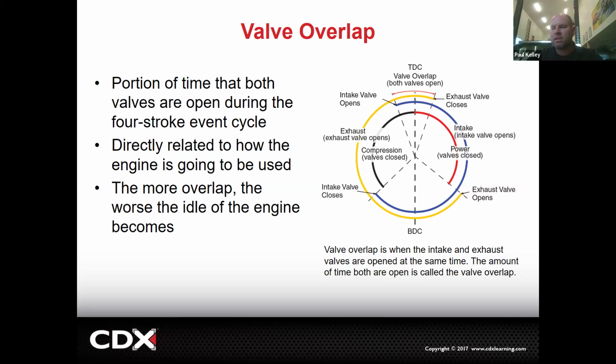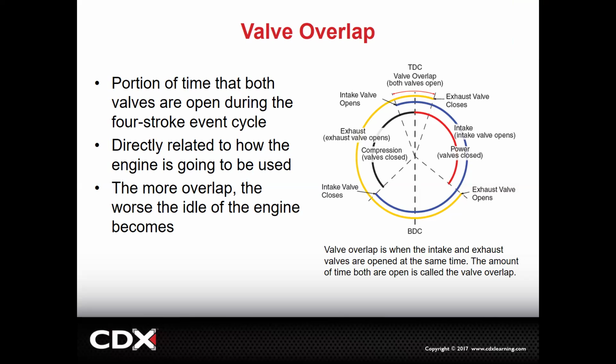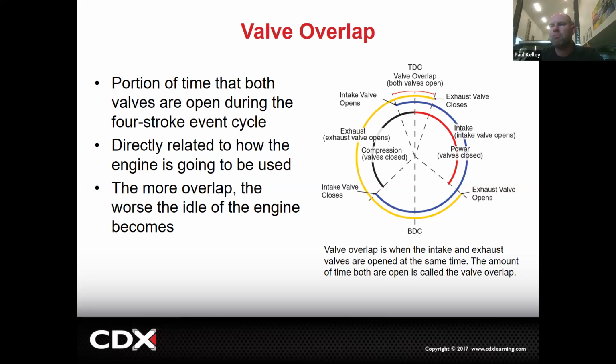Some of the other things to consider is, it's a little advanced, but I just want to plant a seed right now. One of the problems with our engines is they make NOx, oxides of nitrogen. They make several different emissions, but NOx can be particularly difficult to deal with. We have a catalytic converter that's a little more efficient at hydrocarbons and stuff, and it can clean up NOx. But one of the ways that we can clean up NOx really well is called exhaust gas recirculation.